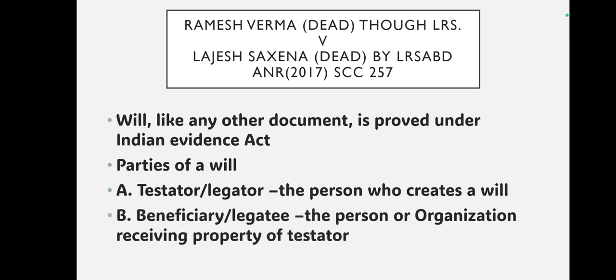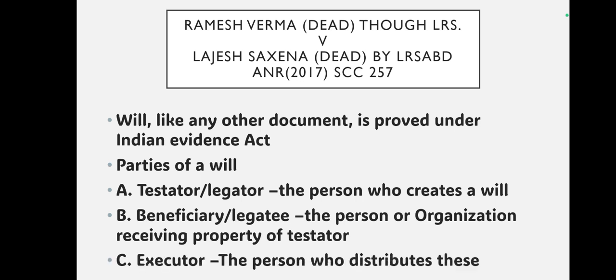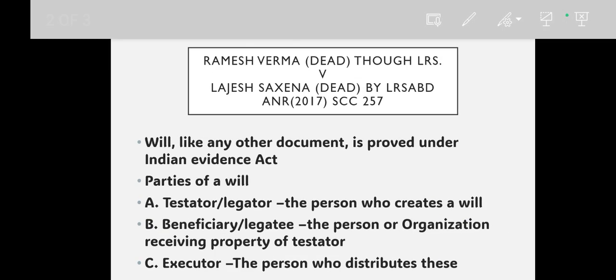Second one is the beneficiary or legatee. This is the person or organization for whom this will is created, who is receiving the property of the testator. And the third and last one is the executor, the person who distributes these properties, the person who is going to execute this will.